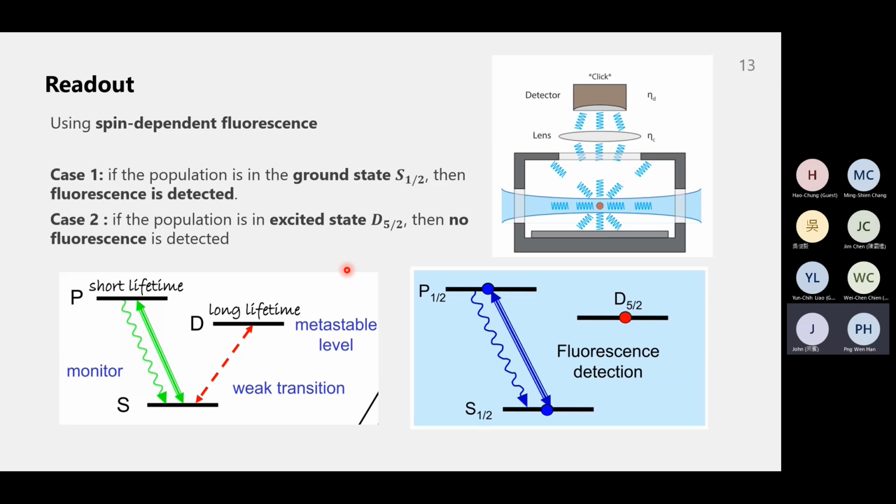But if the population is in the D state, then we won't get fluorescence. This is how we tell whether the qubit is in the ground state or excited state.